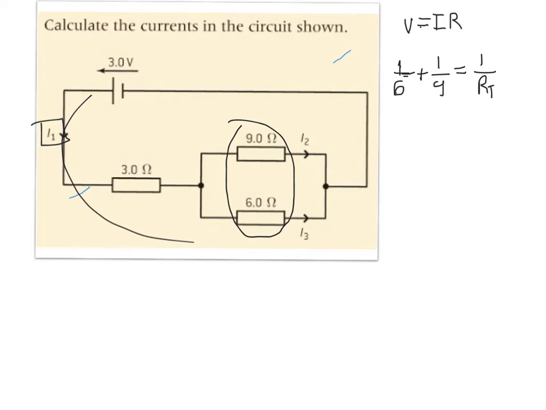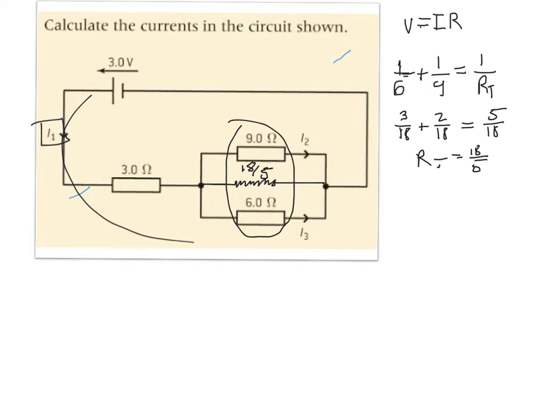All right, common denominator probably 18, so 3 over 18 plus 2 over 18 equals 5 over 18, which means that the total resistance right there equals 18 over 5. So I could combine those two, and they now become 18 over 5.